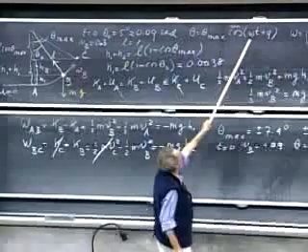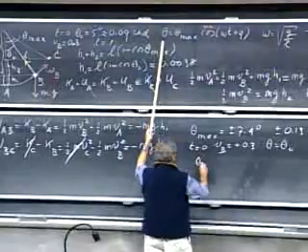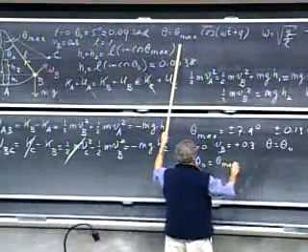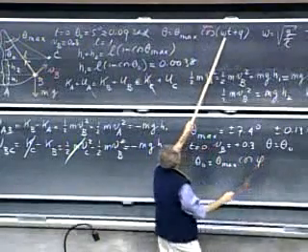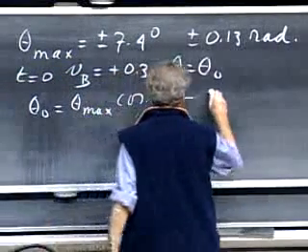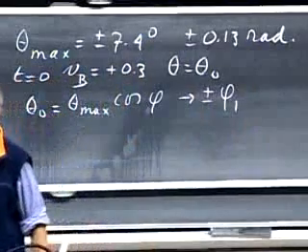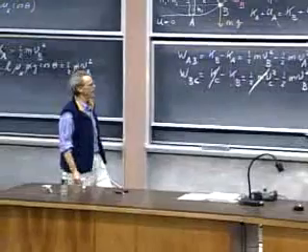So I know when t equals 0, I know that theta equals theta 0. We just calculated what theta max is, times the cosine of phi at t equals 0. And so out pop two angles of phi, plus and minus phi 1. You always find the plus and a minus sign because the cosine of plus the angle is the same as the cosine of minus the angle.